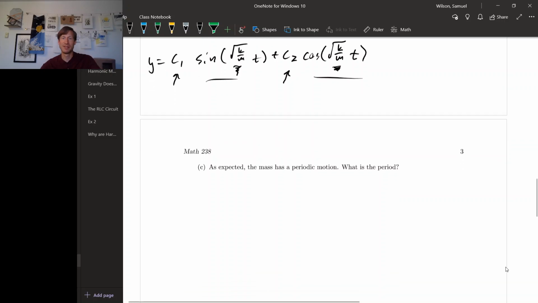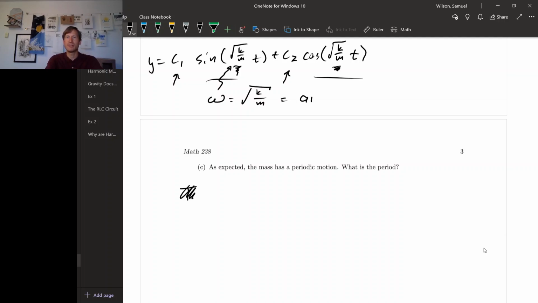Okay, so we do have periodic motion. So what is the period? Well, the period for sine and cosine is 2 pi, and the general relationship involves this angular speed. Usually the letter we use for angular speed is omega, so I'm going to say omega is the square root of k over m.